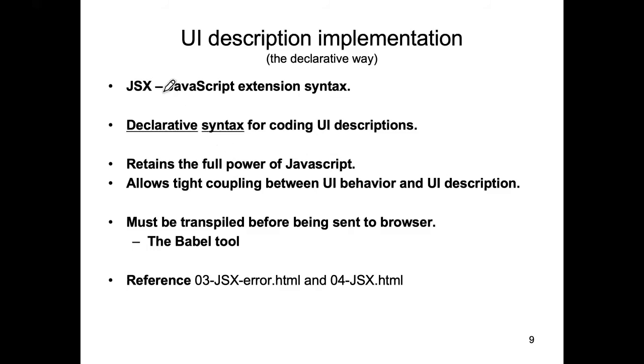Now, the problem with using this JSX syntax, though, is the browsers don't actually understand it. It has to be converted back to plain old JavaScript. And by plain old JavaScript, I mean the type of JavaScript that we've seen in the two files that I've shown you so far. That conversion process is known as transpilation.